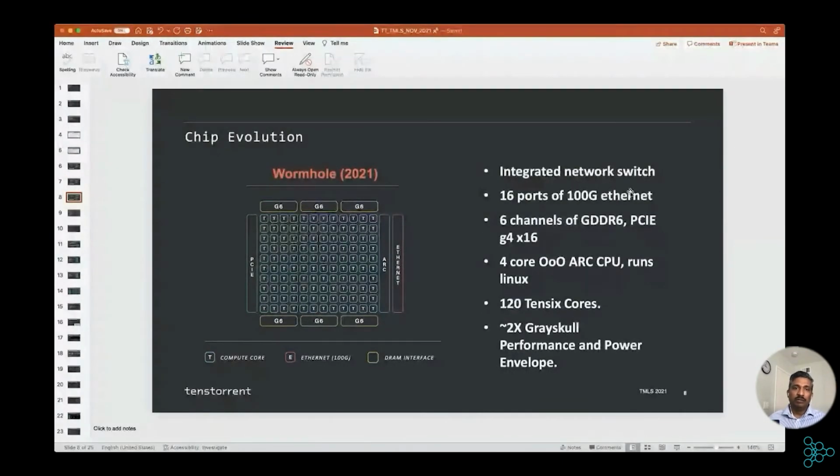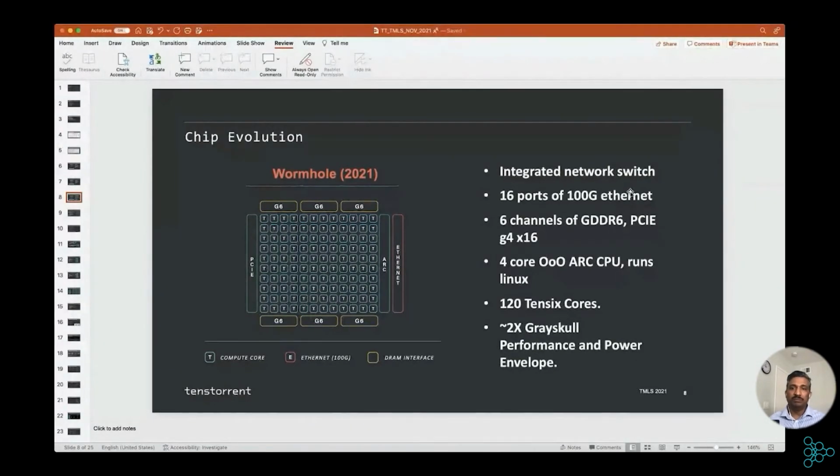Moving on, we currently have Wormhole. Wormhole is our flagship product. This was really designed for training and scale out. As you can see here, we added 16 ports of 100 gigabit Ethernet.